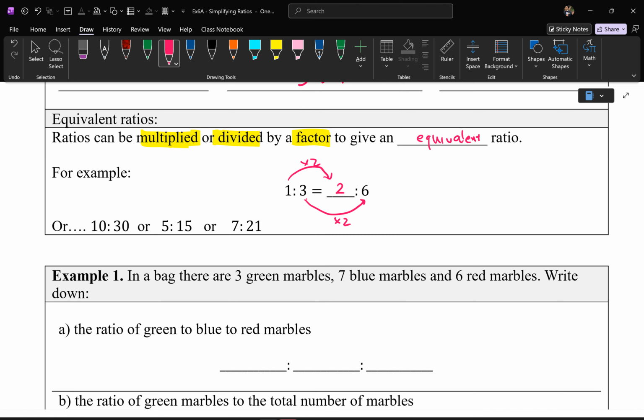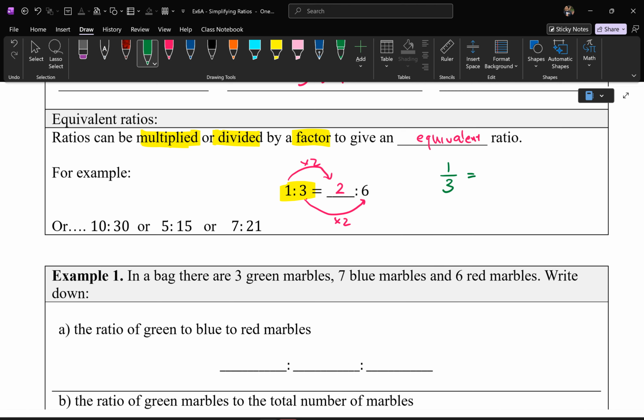If you are finding ratios confusing in terms of the layout, you might want to change it to a fraction. See, 1 to 3, like I said before, is the same thing as writing 1 over 3. You can write ratios as 1 to 3 or 1 over 3. It's the same idea.